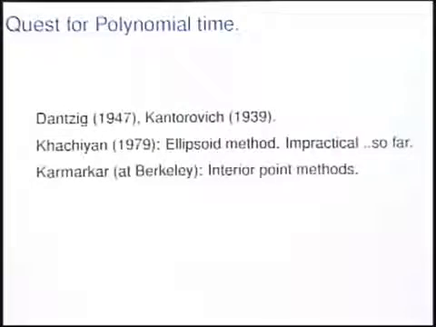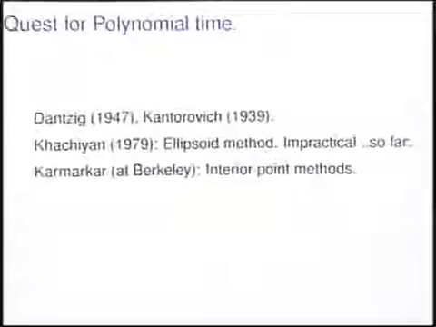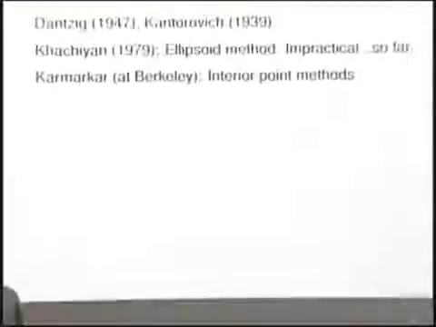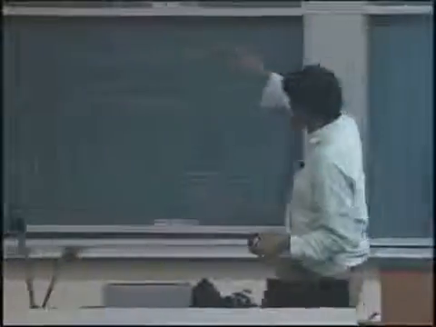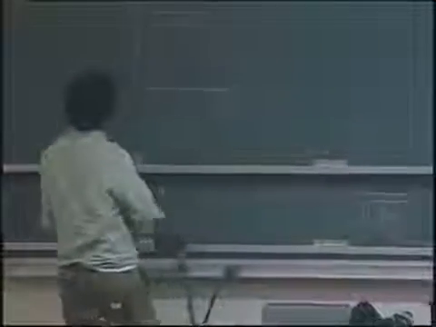Okay. Another algorithm was developed at Berkeley by Karmarkar, and there what you do is instead of being on the boundary, you're somewhere in the middle, and you're moving toward the optimal. So that's why it's called an interior point method. Instead of always remaining on the boundary, his algorithm will do something like, oh, I'm too close to the boundary.